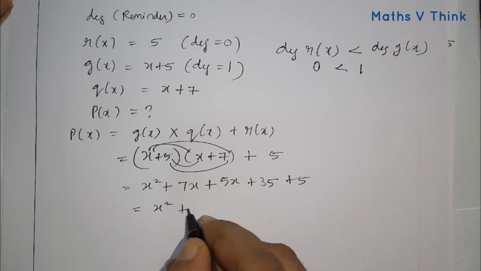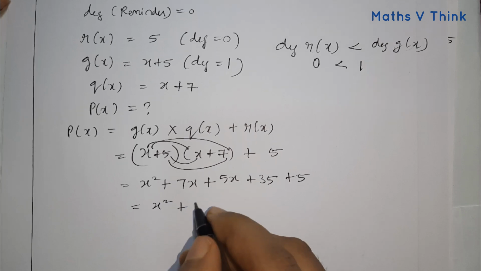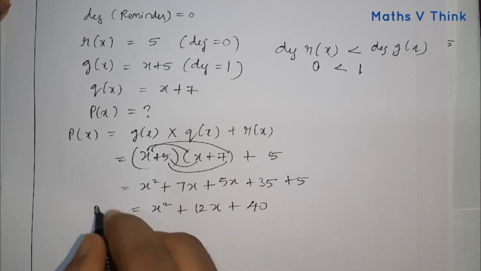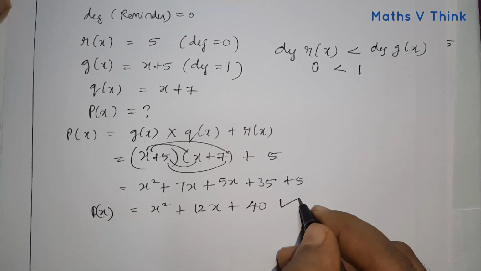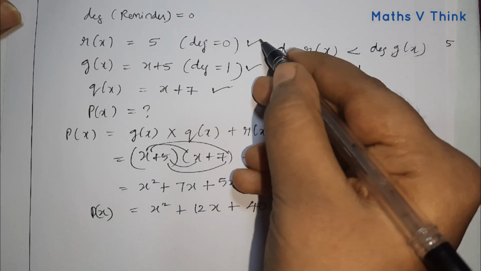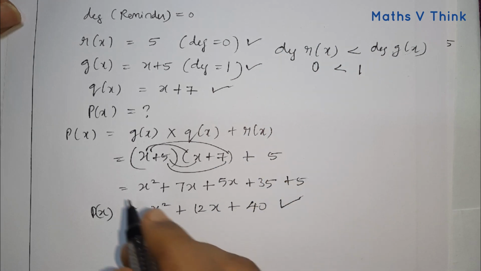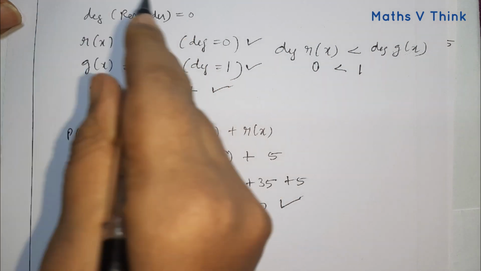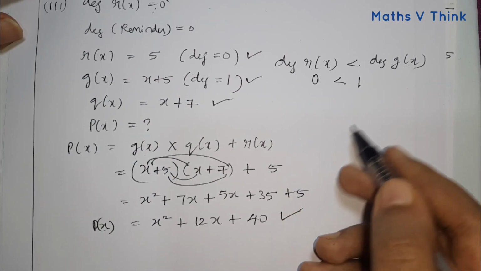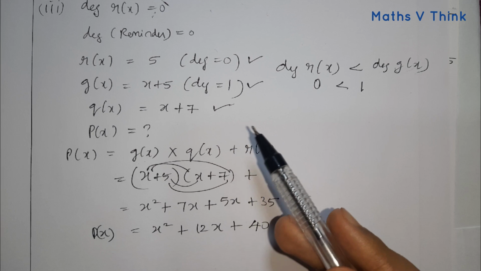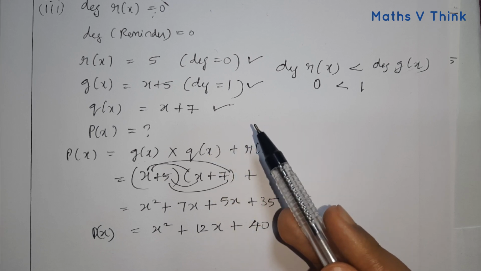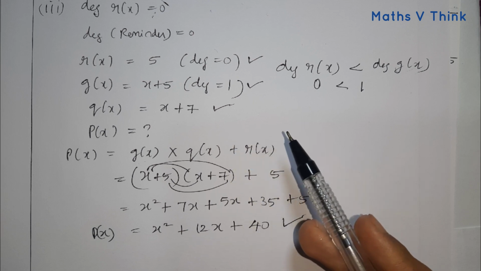So x square plus 7x plus 5x is 12x plus 35 plus 5 is 40. So we got p of x is this, q of x is this, g of x is this and r of x is this. And we also satisfied the given condition in the question, and also we satisfy the division algorithm. So guys, it's not necessary that your example should match with your book back examples. It can be different also.